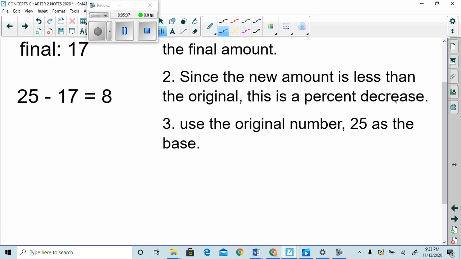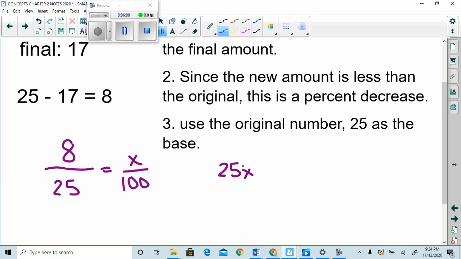We'll start with 8 because that's the difference, the change, and the base number will be 25, the original amount. It's always the original. Again, I can set this up as a proportion. If you'd like, we can do cross products. This is one method. I will teach you another. Some people like this method, especially because we just finished learning about proportions. So I have 25 times x is equal to 8 times 100, which is 800.